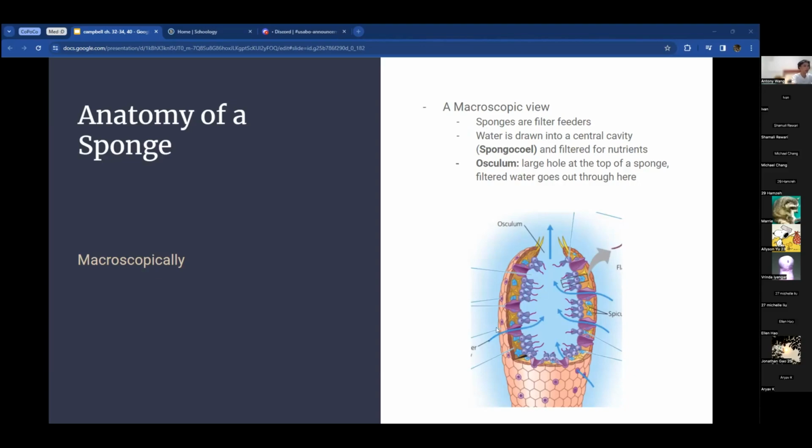Sponges are filter feeders. As you see here, it draws water into the middle cavity, and then it filters that water for nutrients. Then it pushes the water out of the top. And you might be thinking, how do they draw in water? How do they push it out? Is it like a muscle? Do they contract like your heart?